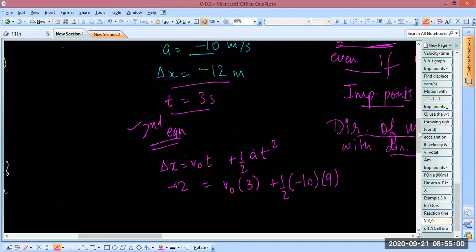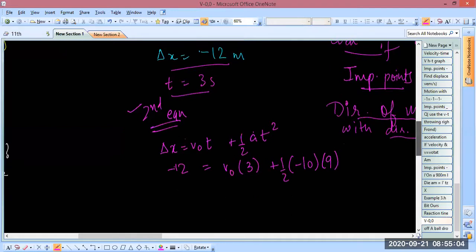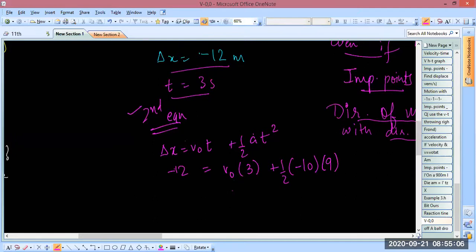I hope that makes sense to all of you. So finally, we solve this and we get 3 v0 equal to minus 12 plus 45. Is that clear, everybody?